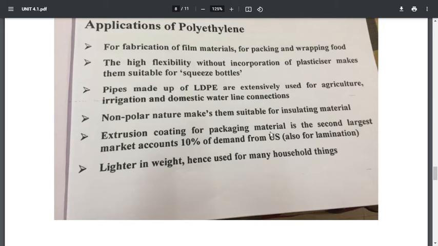Extrusion coating for packaging material is the second largest market, accounts for 10% of demand from US, also for lamination. Lighter in weight, hence used for many household things.